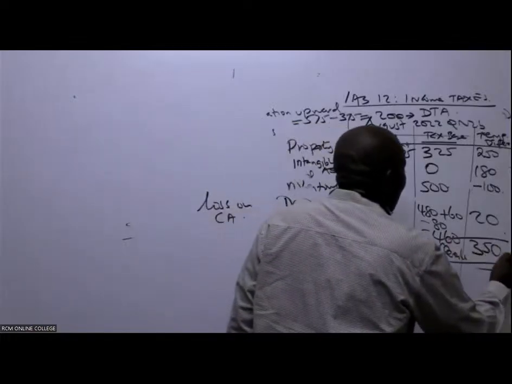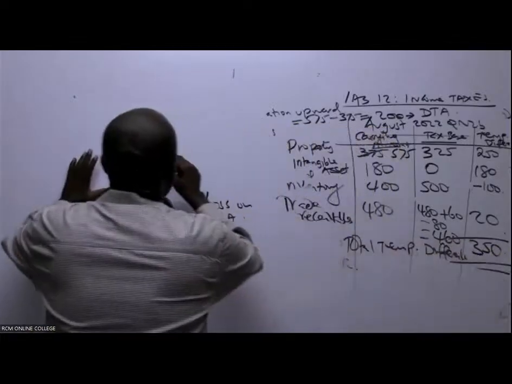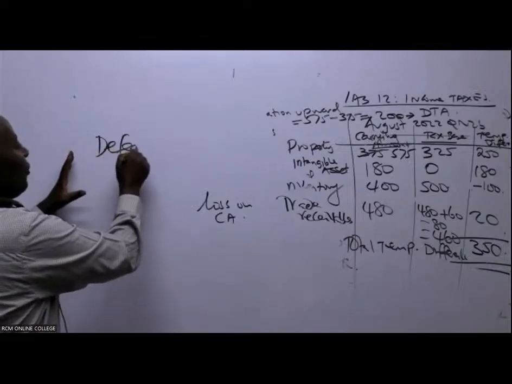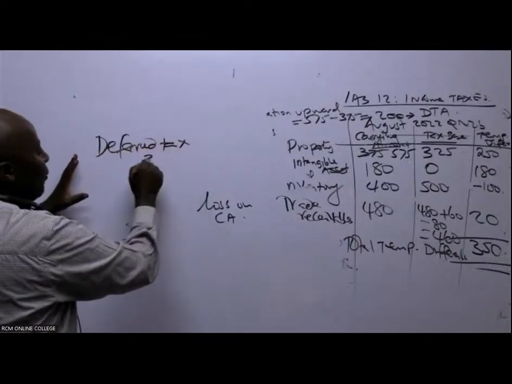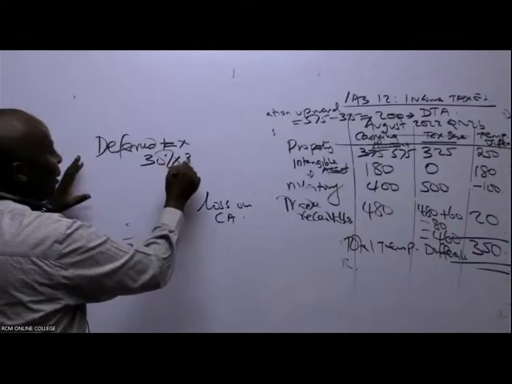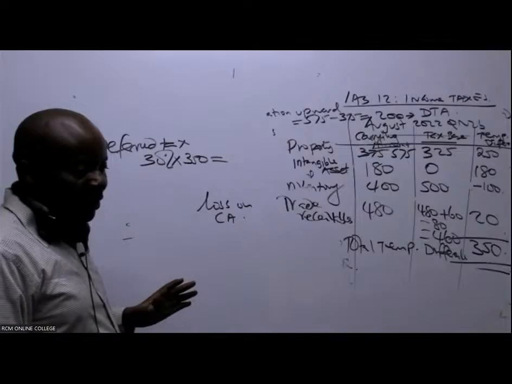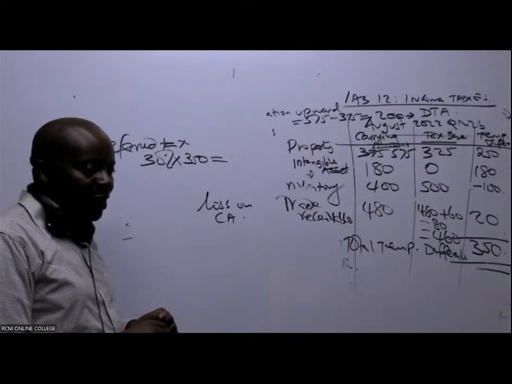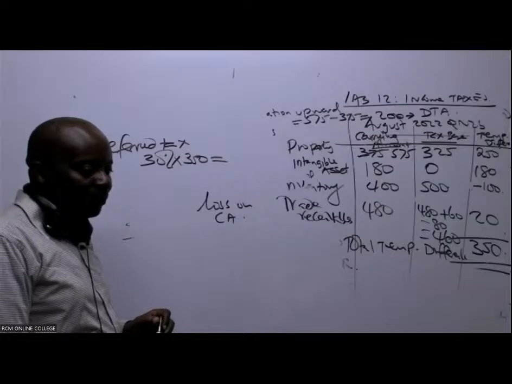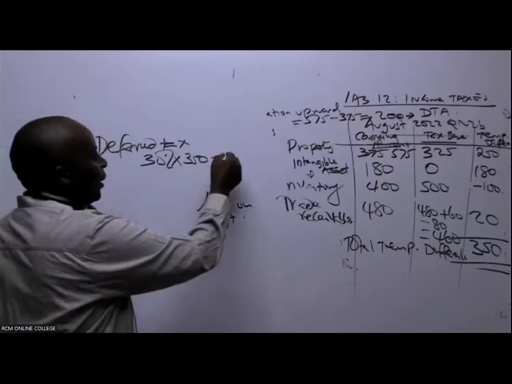Total temporary difference will always give birth to what we call deferred tax. So come here and give us the deferred tax: 30% times 350, which will end up giving us what figure? It's 105, isn't it?